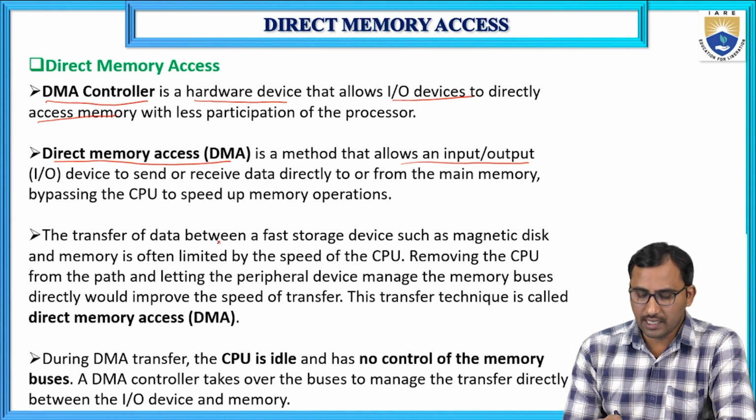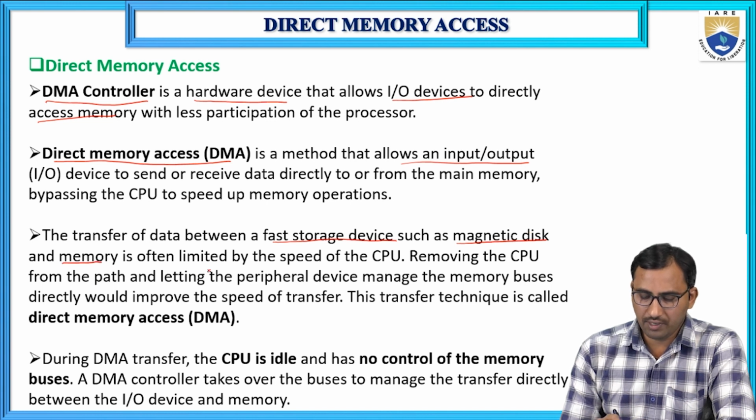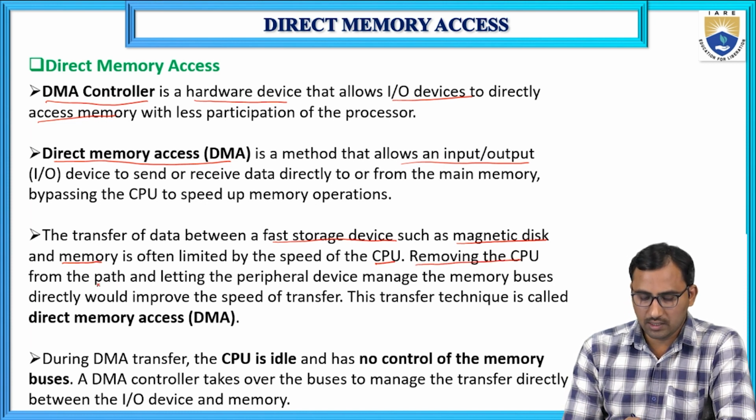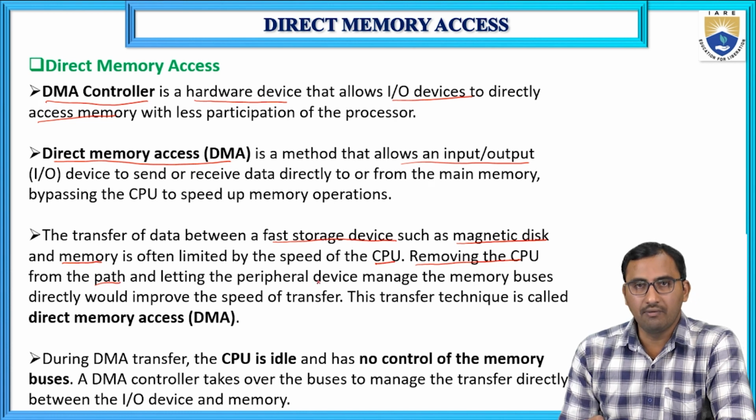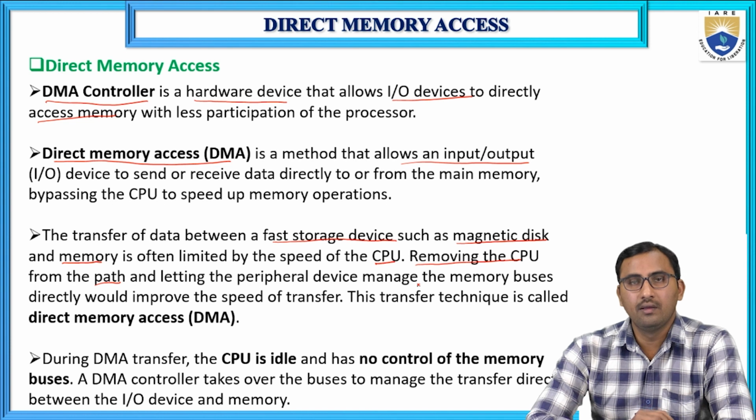The transfer of data between a fast storage device such as a magnetic disk and memory is often limited by the speed of the CPU. So we remove the CPU from the path, letting the peripheral device manage the data transfer between the IO device and the memory.